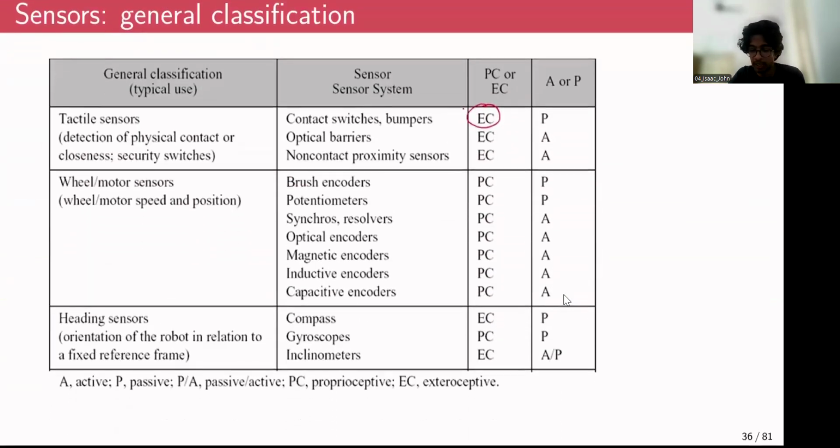Right? And a very broad classification of all different kinds of sensors, whether they are passive, proprioceptive or exteroceptive, or active or passive, were all discussed during the lectures. So a comprehensive classification has been provided for tactile sensors, for wheel motion sensors. We have seen different kinds of tactile sensors, different kinds of wheel motion sensors, heading sensors.